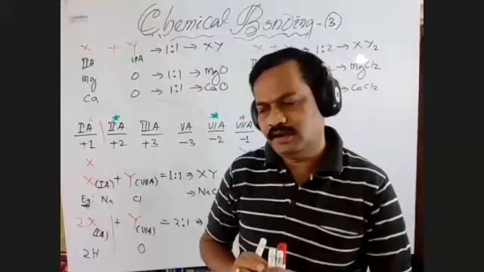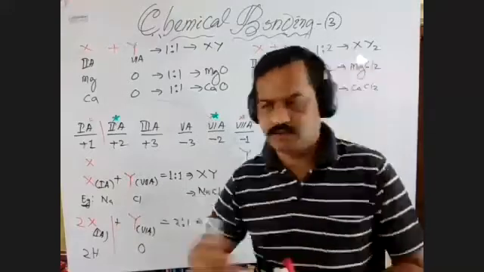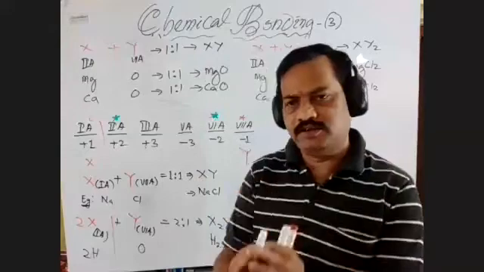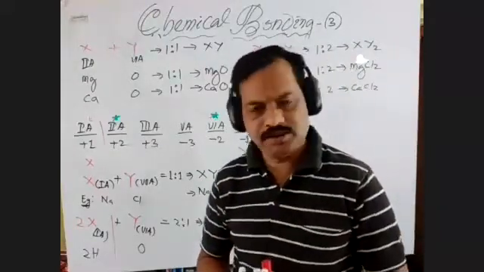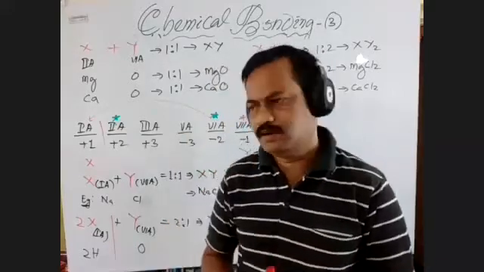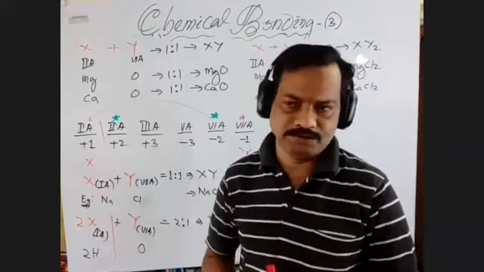But certain elements have a tendency to gain electrons, either one or two or three. And all their intention is to achieve the magic configuration of the nearest inert gas, because in inert gases we observe either two electrons or eight electrons present in the outermost shell.